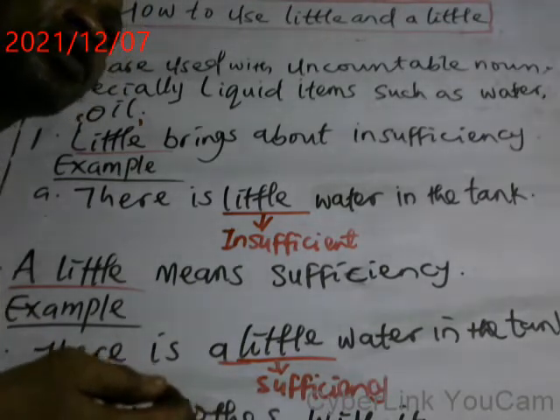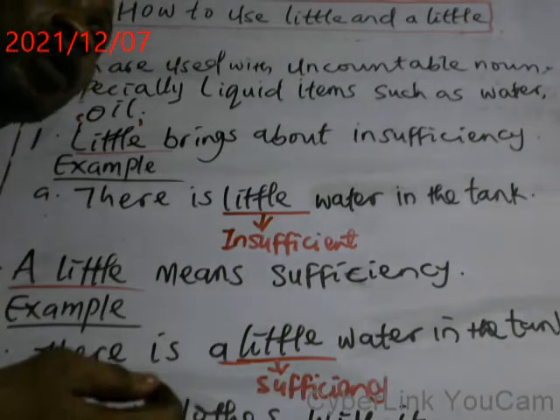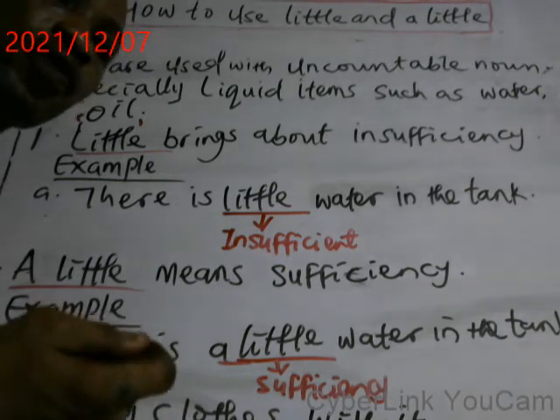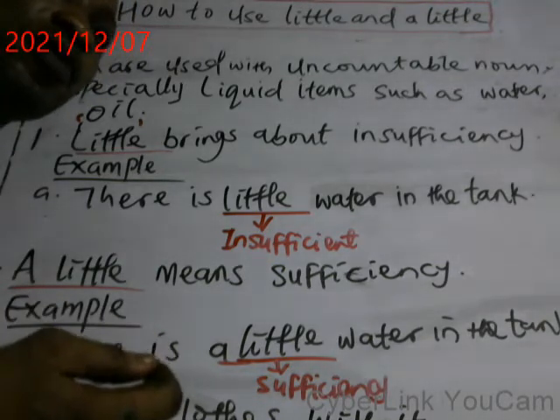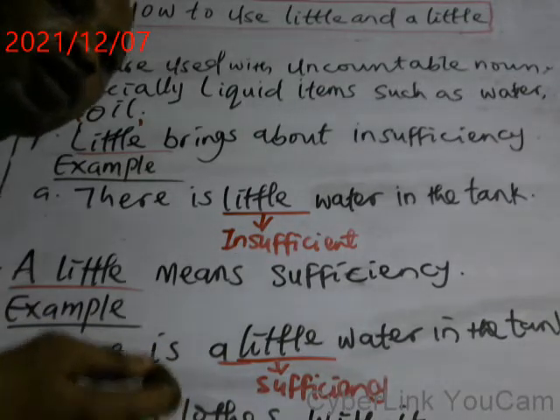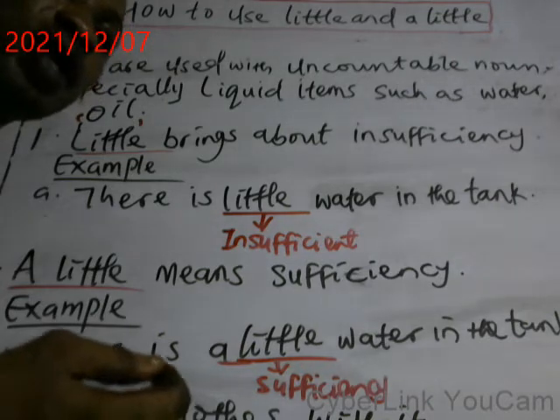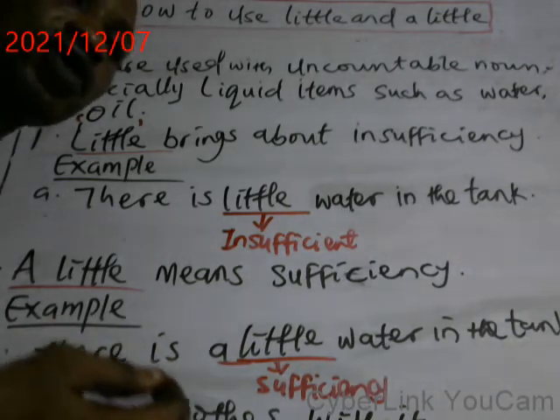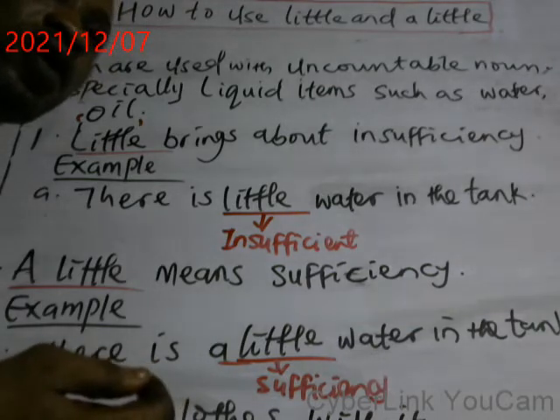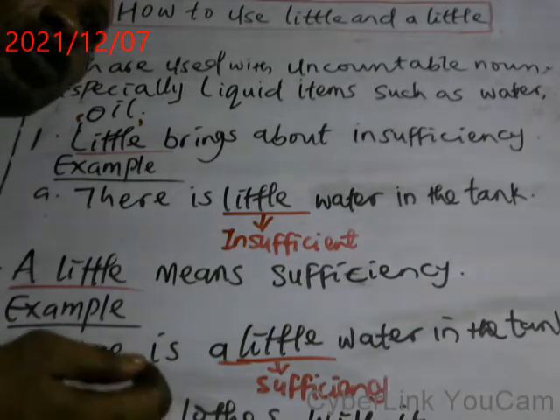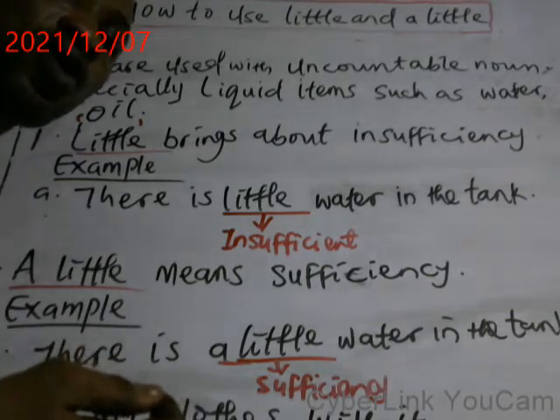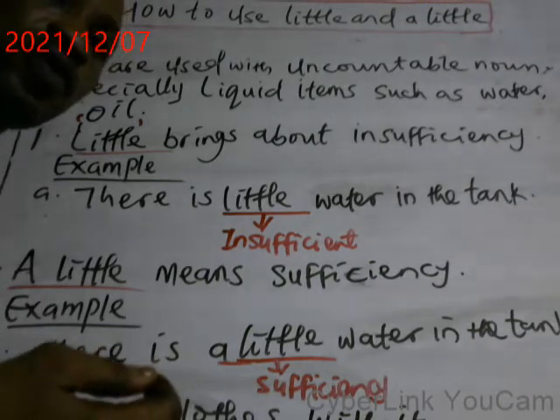Despite the fact that we can see them and feel them, they are concrete, but we cannot count them. So when you have a noun that you cannot count, that is, you cannot determine the quantity of such a noun by number, such a noun can be used with little or a little.